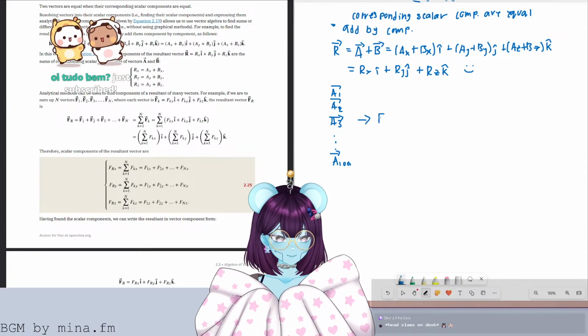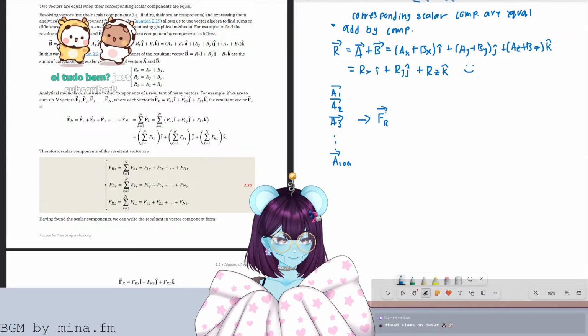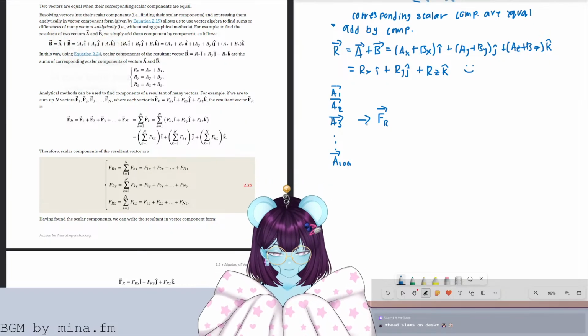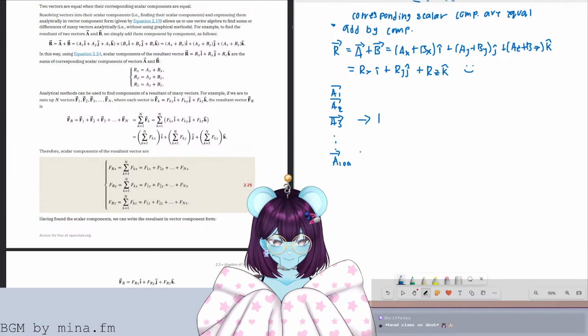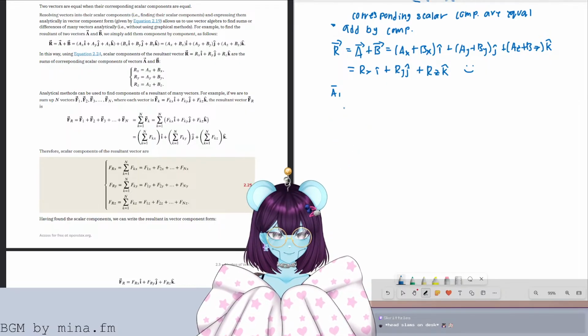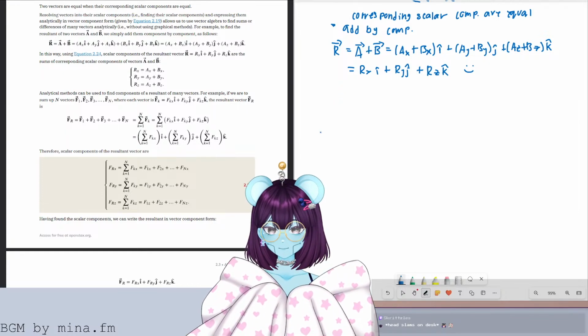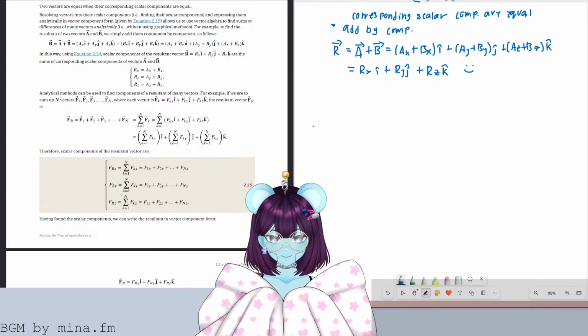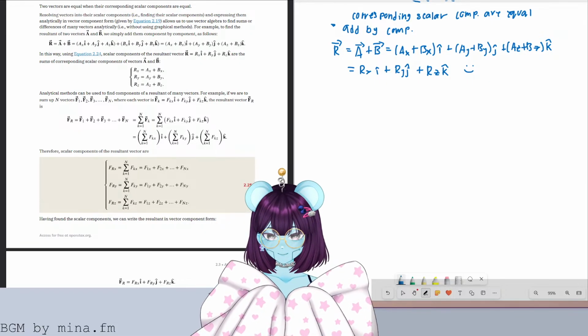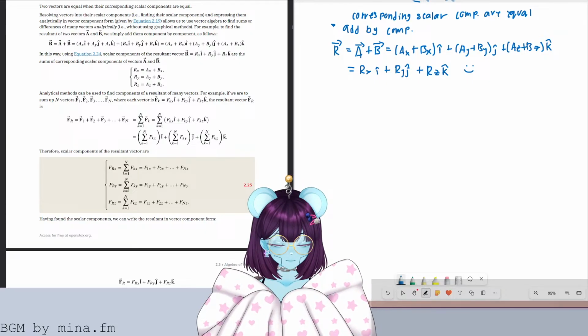In this case, they called it FR. So if you just keep adding, this is a summation. Please don't be scared by the summation symbol. You can represent it by just adding however many components.